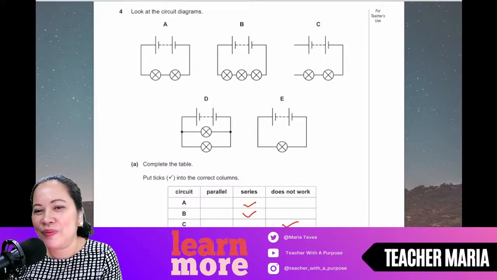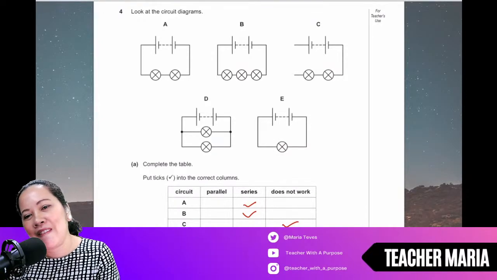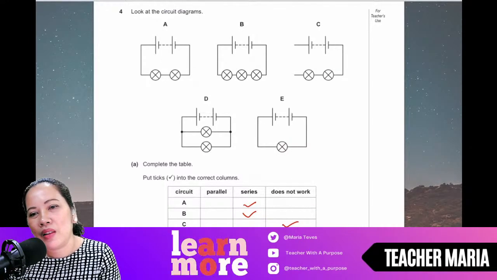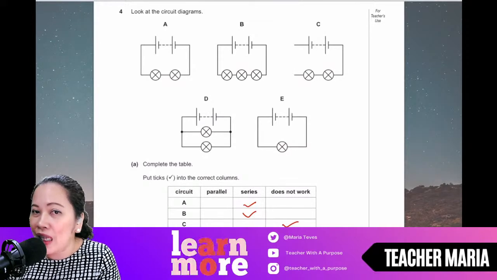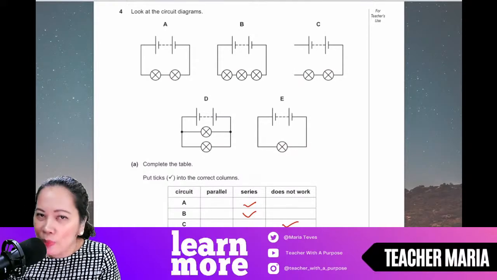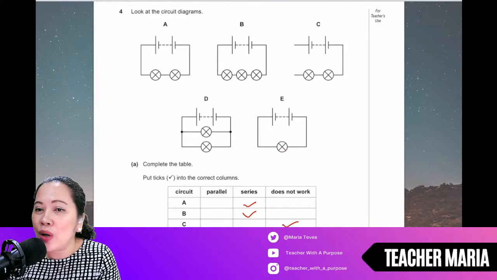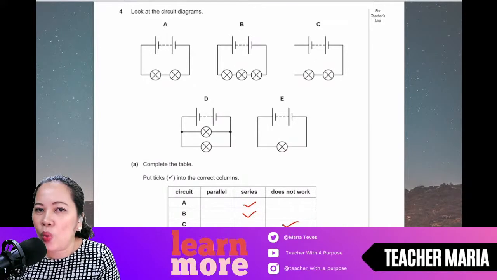The question is, all the lamps are the same, all the batteries are the same. So you need two answers.